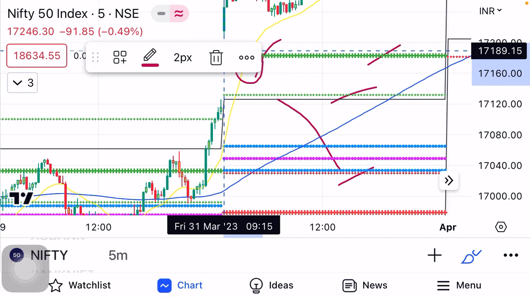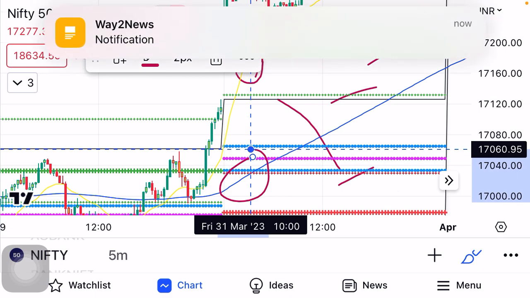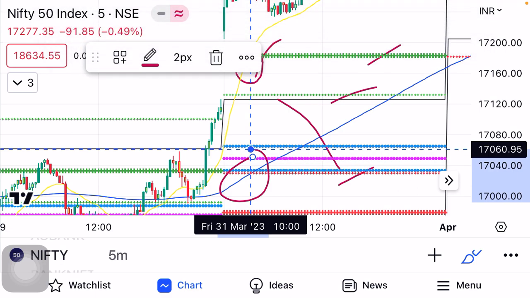This 20 MA is to take an entry if we miss the first entry, and this is the 200 MA. Most of the time we don't consider the 200 MA, but sometimes if there is multi confirmation at our indicators, that is this CPR or Camarilla, then we think about considering this 200 MA.